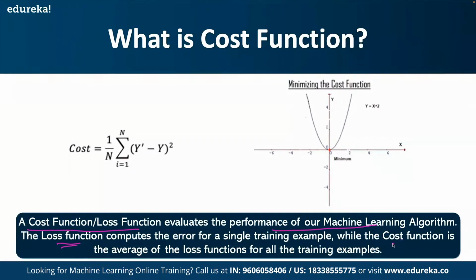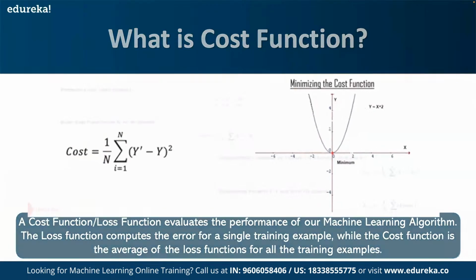Now, when we talk about the cost function, it is the overall average of the loss function of all the training examples. When we talk about this loss, it says what is the difference between the expected value and the predicted value. That is going to give us the value of loss.